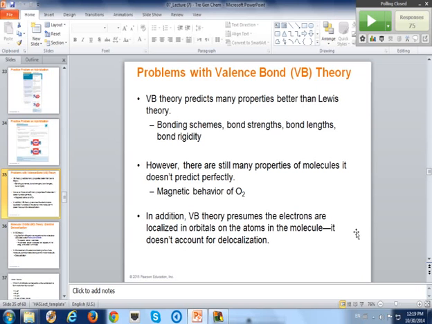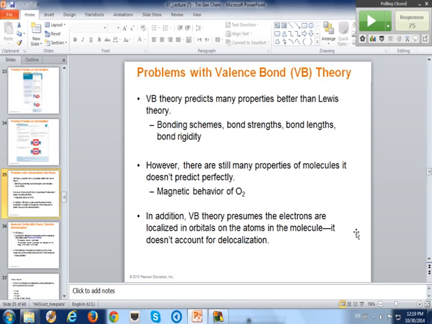But part of its inadequacies and limitations is that it insufficiently incorporates quantum mechanics, right?